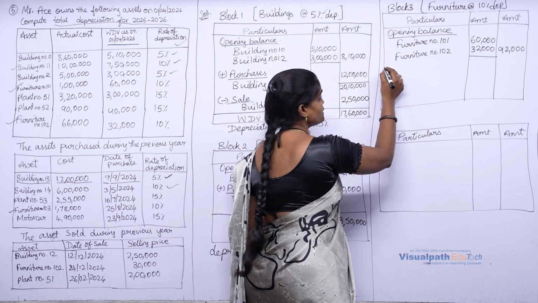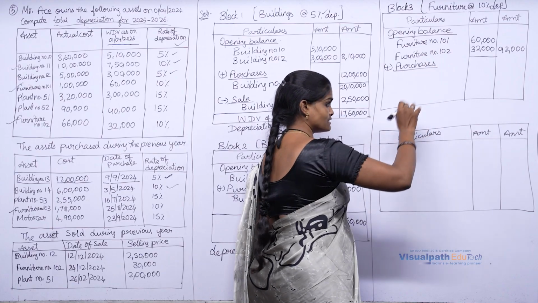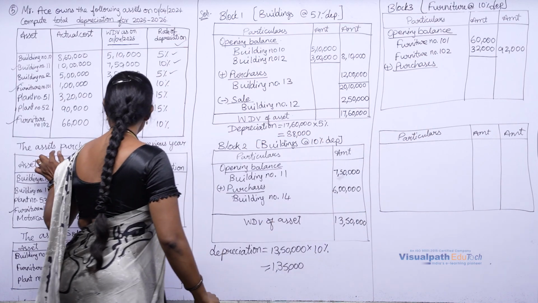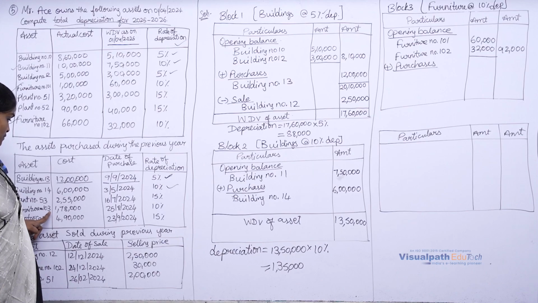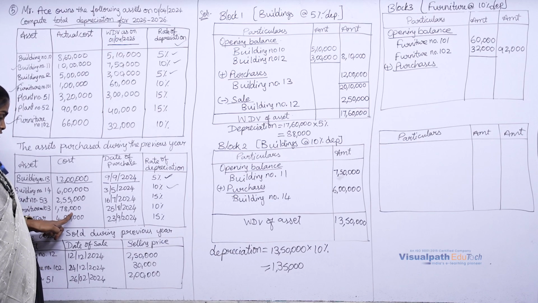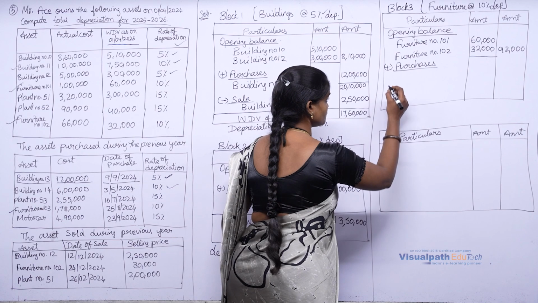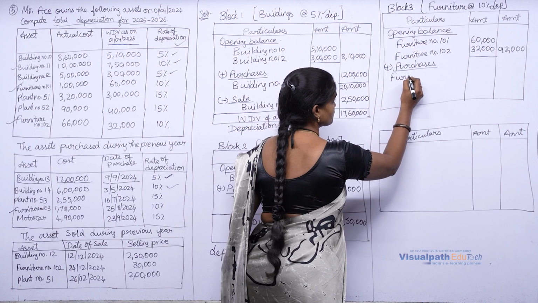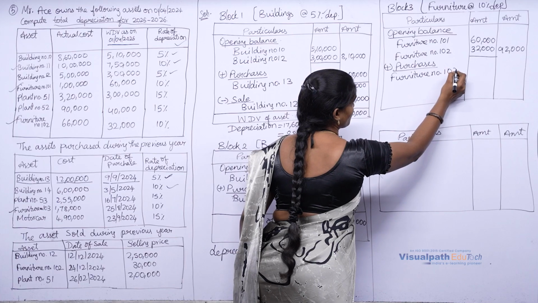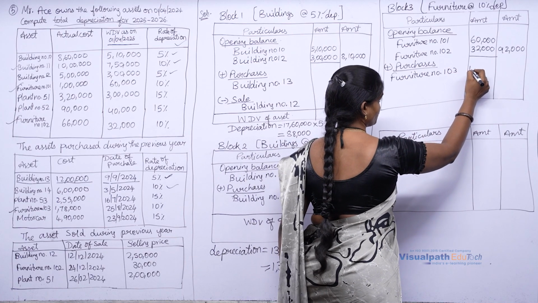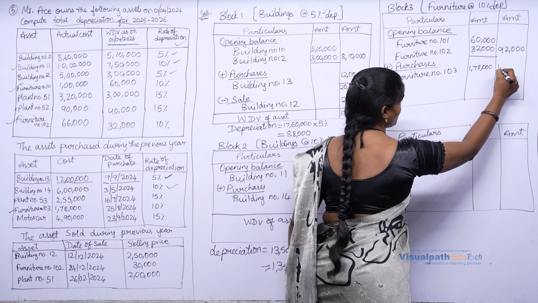To this, add purchases. Any asset which is purchased under this block, we will include here. Under purchases, you have 10%. Furniture number 103, whose value is 1,78,000. Take this to the outer column.